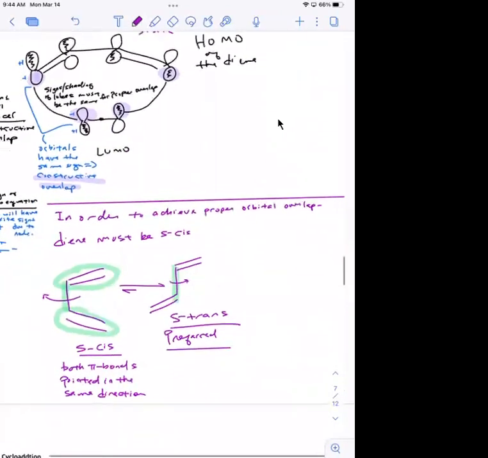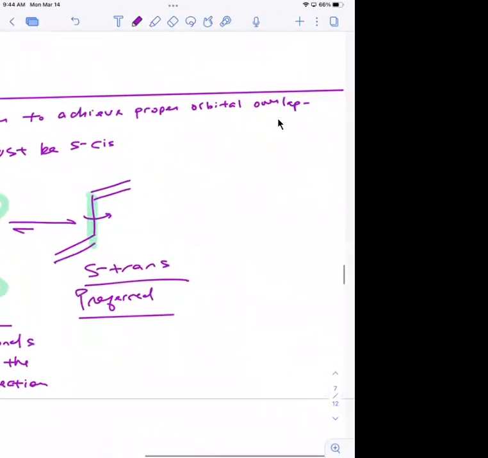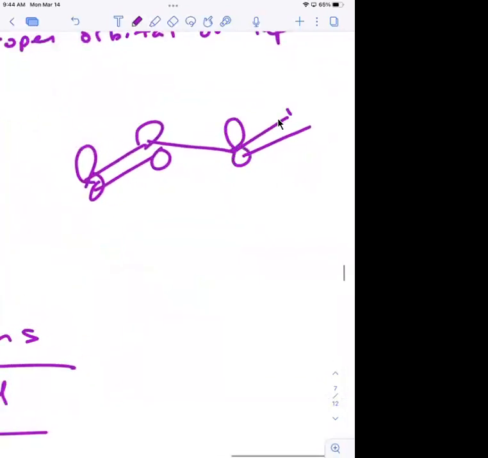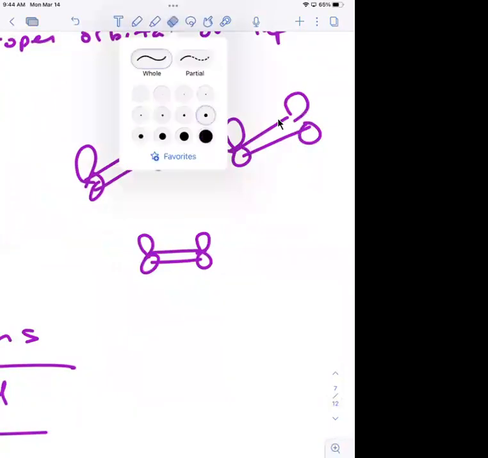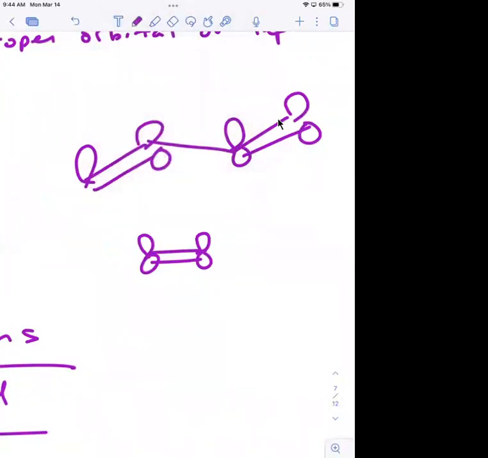When you think about that S-trans diene trying to react, if it's like this, and then you have a dienophile here like this, this side is fine, no problem.